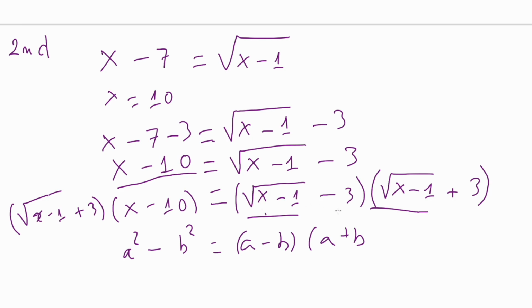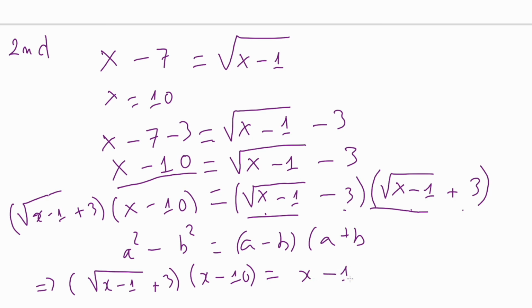And this is a, and this is b, and then we have square root of x minus 1 plus 3. And x minus 10 equals x minus 1 minus 9, equals x minus 10. Here we go.